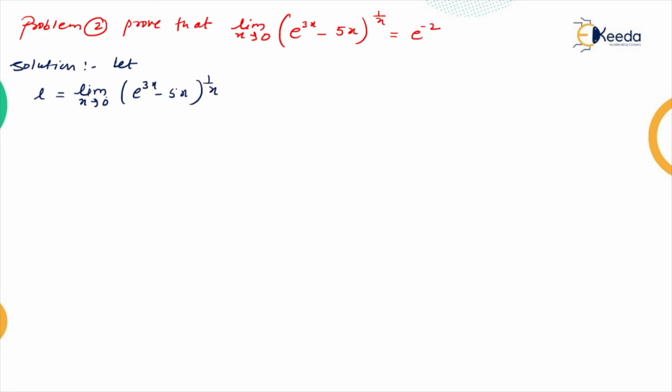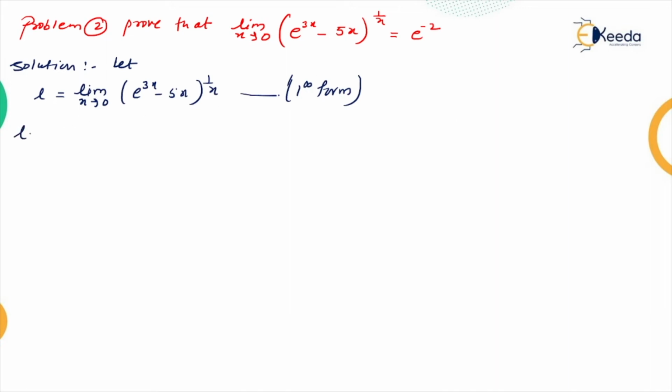If we operate the limit on this, it takes the form 1 raised to infinity. I hope you understand why this form arises. When we put x as 0 in this bracket, it gives the indeterminate form 1 raised to infinity. Now what is your target?